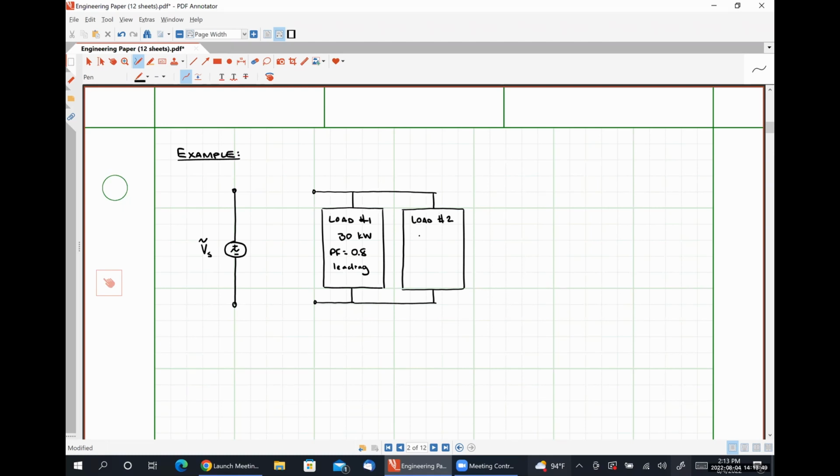It operates absorbing 20 kilovolt amperes with a power factor of 0.9 lagging.